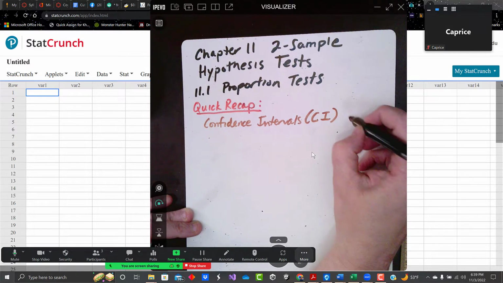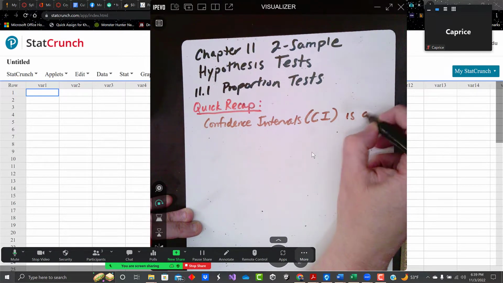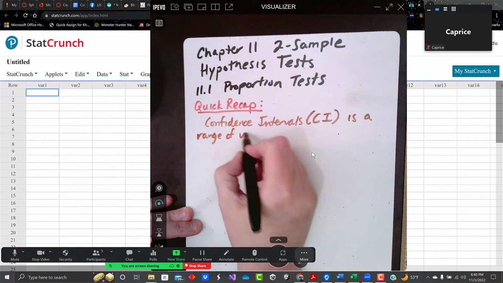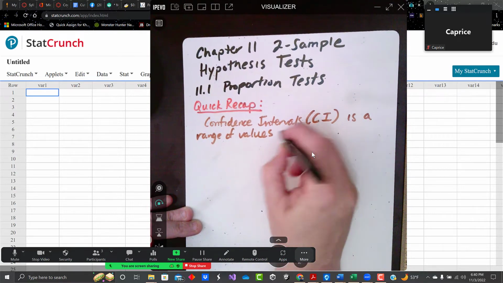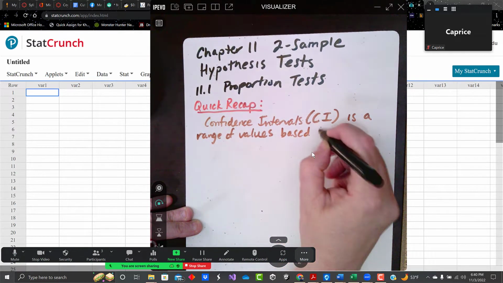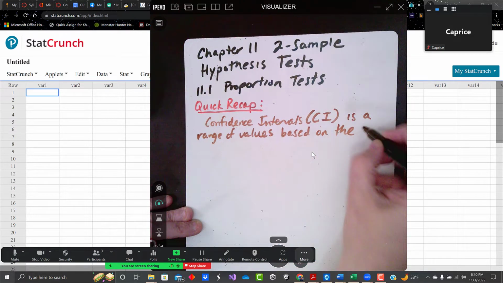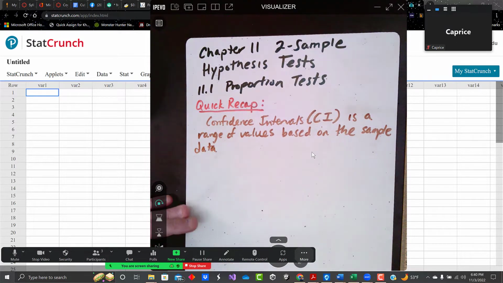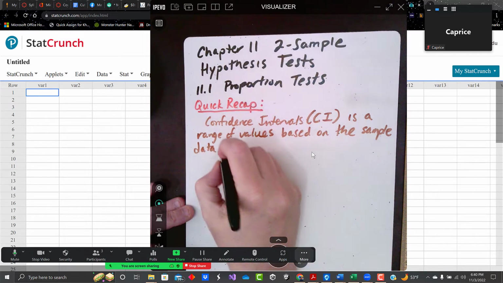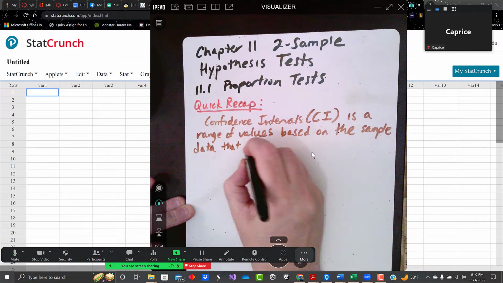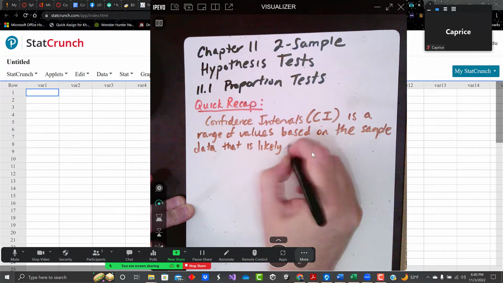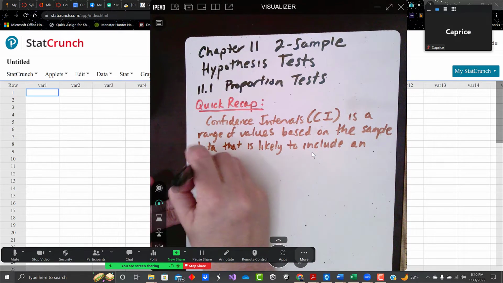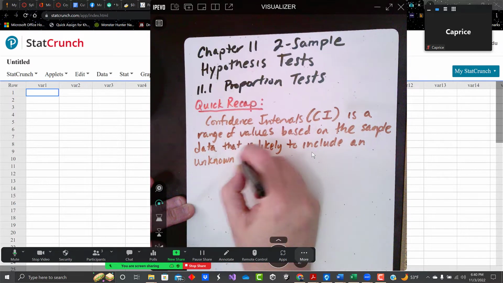It generates a range of values based on the sample data that is likely to include an unknown parameter, an unknown population parameter in specific.